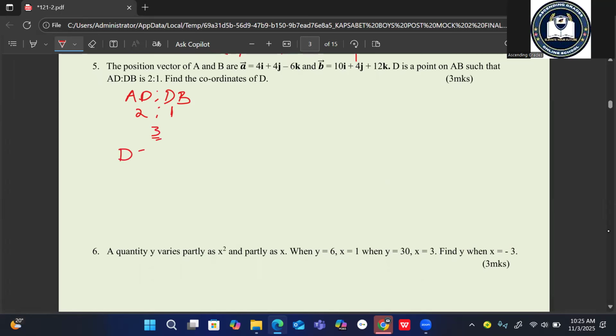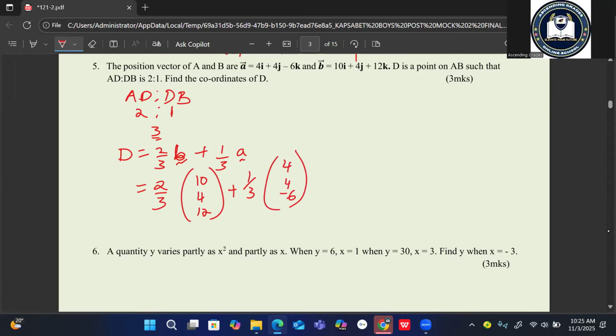So D should be equal to 2 out of 3 of B plus a third of A. So that one is the same as 2 out of 3, and our vector B is 10, 4, 12, plus a third of A, and our A is 4, 4, -6.